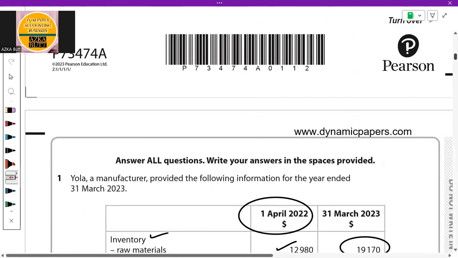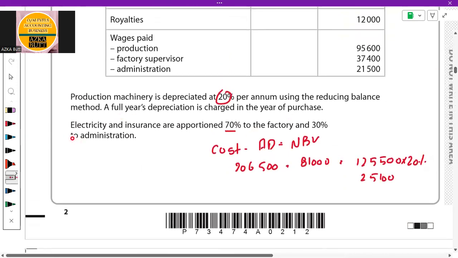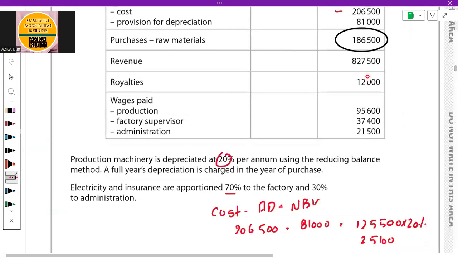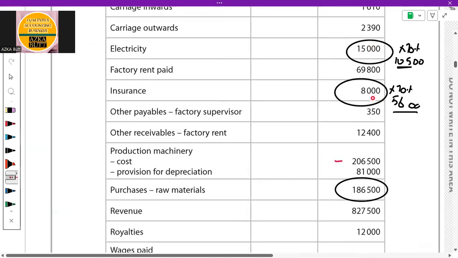But here there is information that electricity and insurance are apportioned 70% to the factory and 30% to administration. We already calculated the 70% of each expense, 15,000 and 8,000. So 15,000 multiplied by 70% gives 10,500.